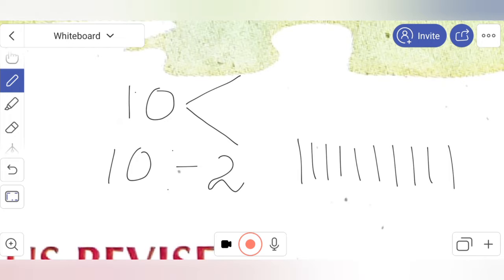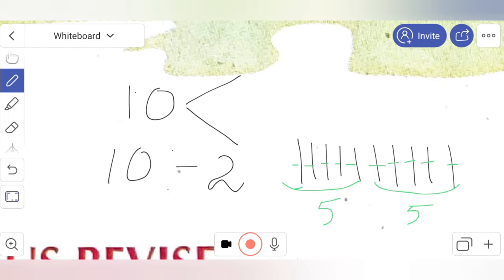So what we will do: 1, 1 2 3 4 5. Again from here, 1 2 3 4 5. So this 5 one of you will get, this 5 one of you will get. So each of you will get how much? 5 rupees, 5 rupees.